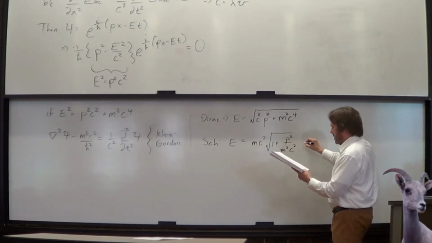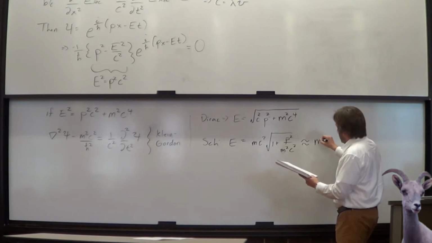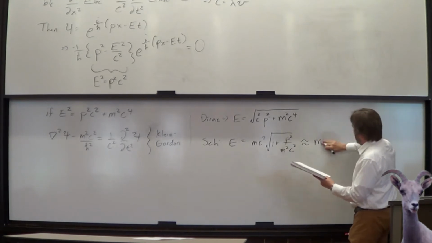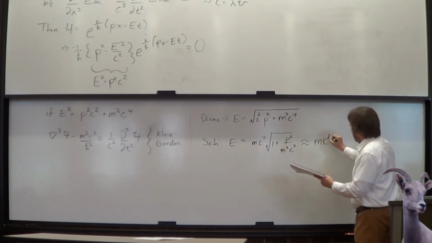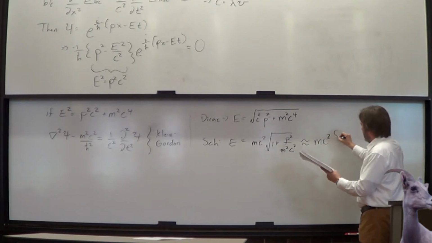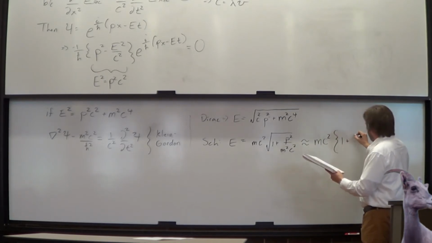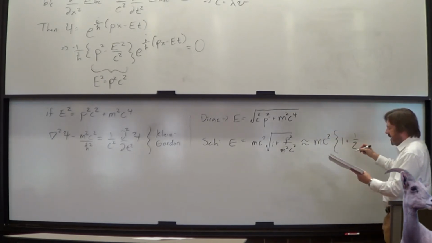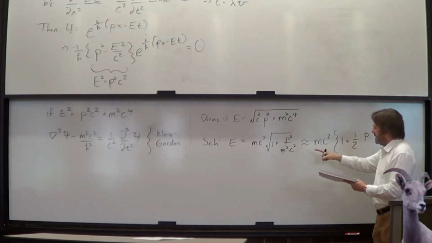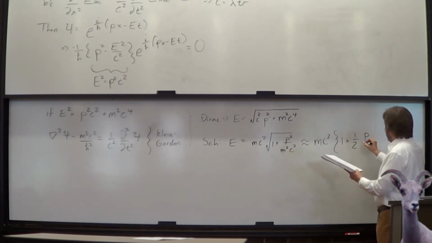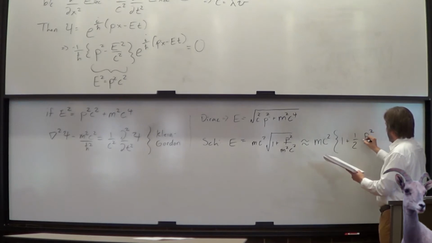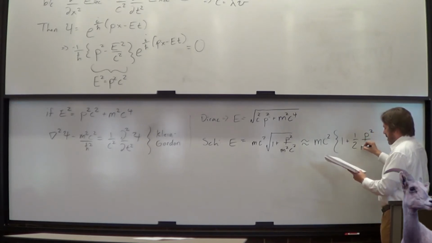Okay, here's an approximation: 1 plus 1/2, so it's like a Taylor series. So he's taking this and making a Taylor series out of it. Again, p is momentum, m squared, c squared.